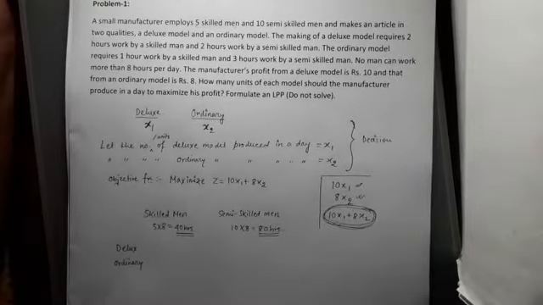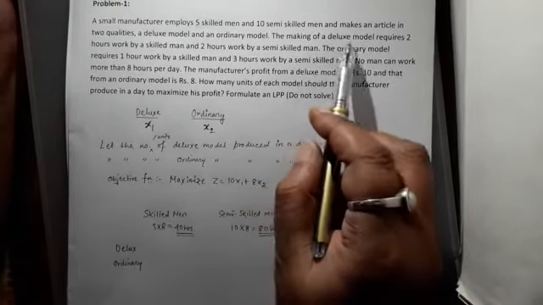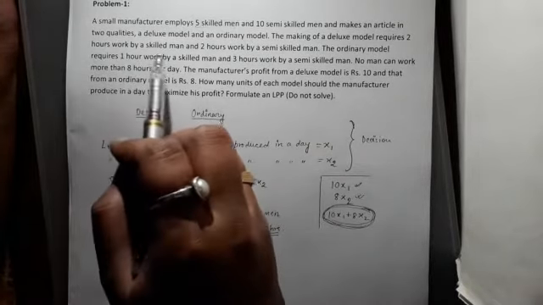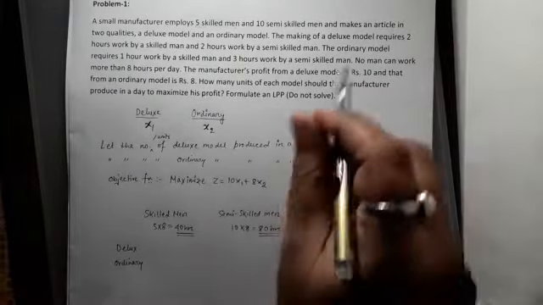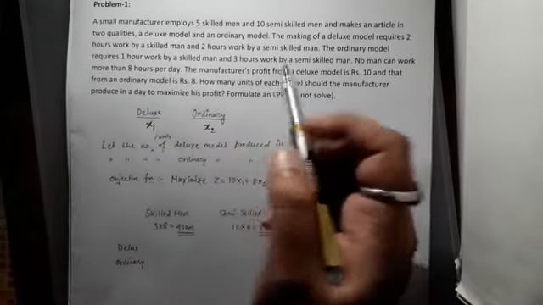If you read the problem carefully, you can see that making a deluxe model requires 2 hours work by a skilled man and 2 hours work by a semi-skilled man. So for making 1 unit of a deluxe model, you need 2 hours work by a skilled man and 2 hours work by a semi-skilled man. And for 1 unit of the ordinary model, it requires 1 hour work by a skilled man and 3 hours work by a semi-skilled man.